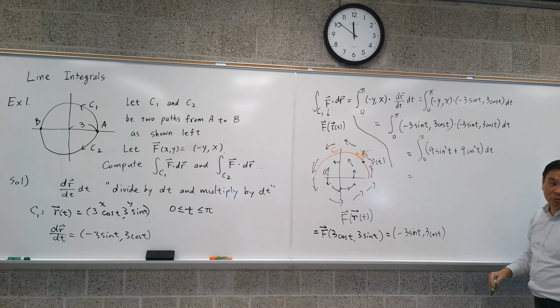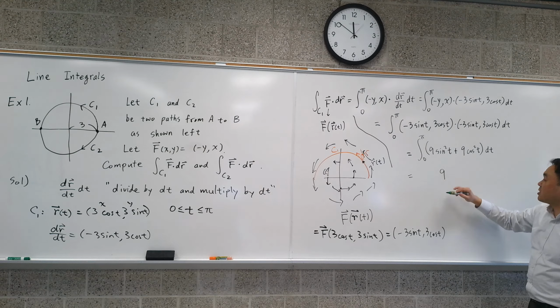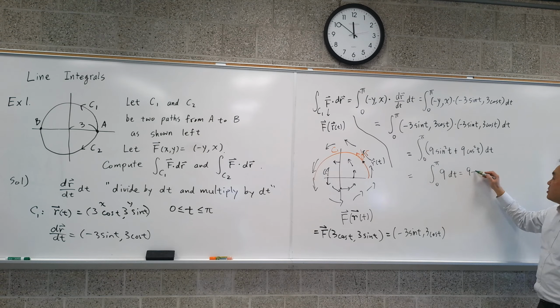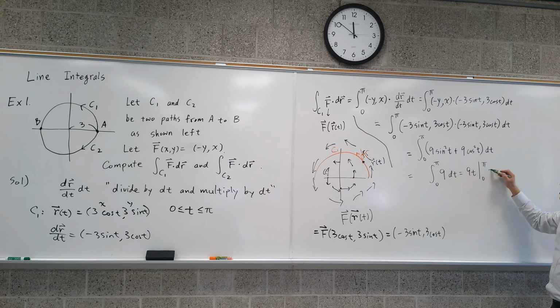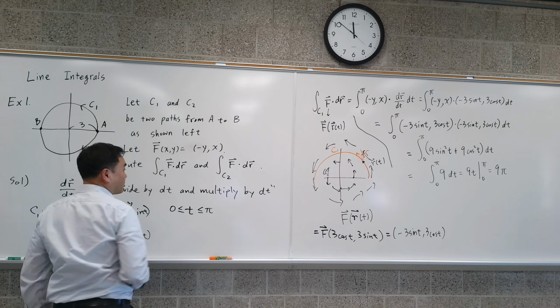Sine squared plus cosine squared is 1, right? If you factor the 9 out, you just end up with 9 times 1, which is 9. That's 9t, and you plug in pi and 0, you get 9 pi as a result. That's the result of this first path.